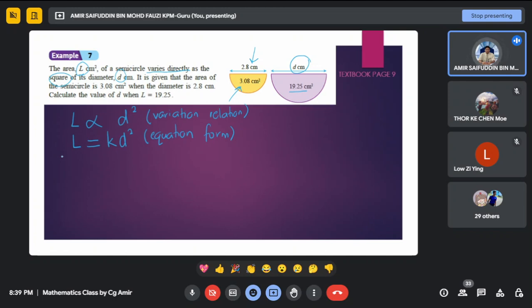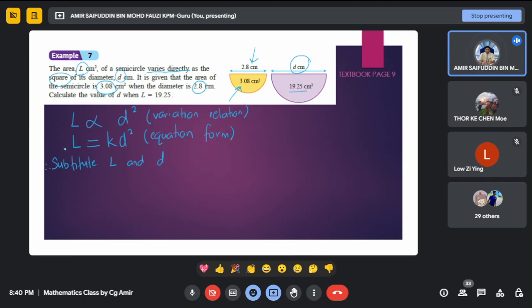The next step is to substitute the value for L and D. Where to find the value for L and D? L, the area of the semicircle, is 3.08, and the diameter is 2.8 centimeter.